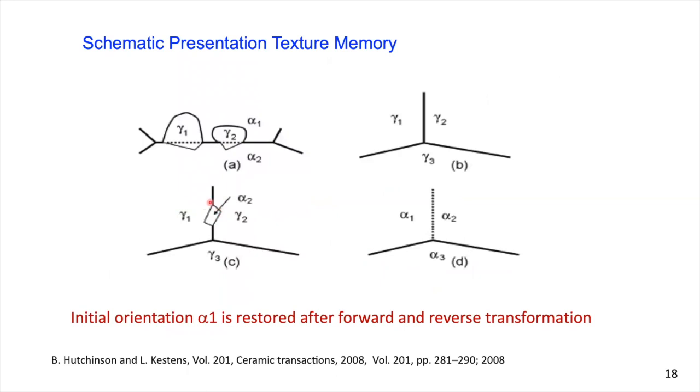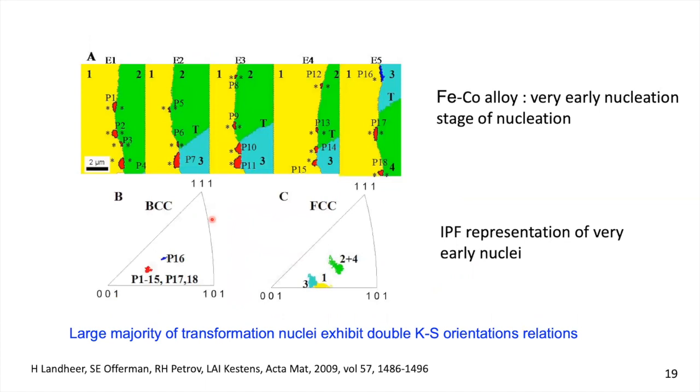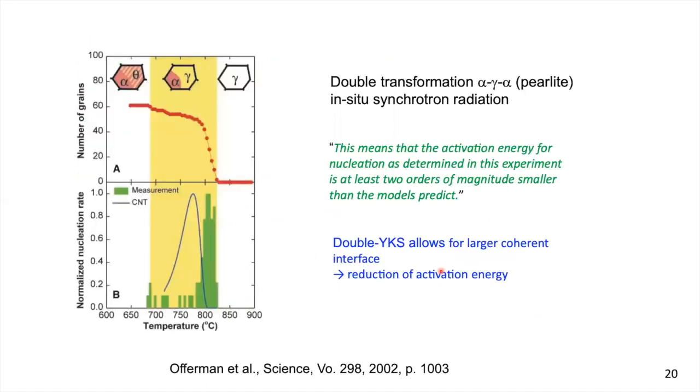So if the austenite parent grain has a special orientation relation, then the new nucleus can be surrounded all the way around with special, and therefore coherent, grain boundaries, and therefore it reduces the activation energy, as was observed from synchrotron radiation experiments and published by Erik and co-authors.